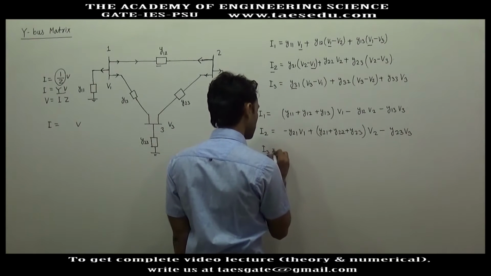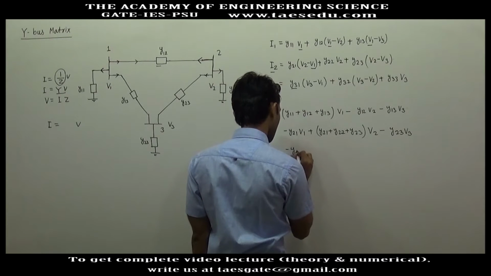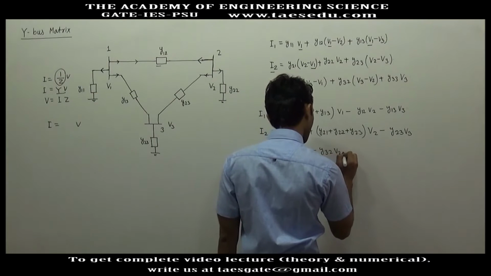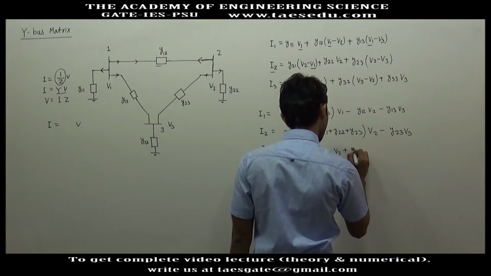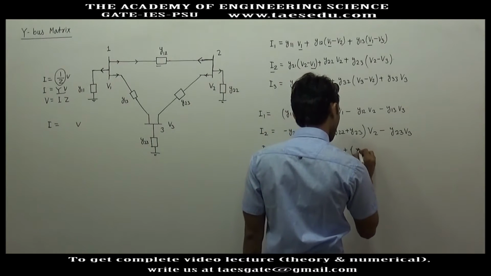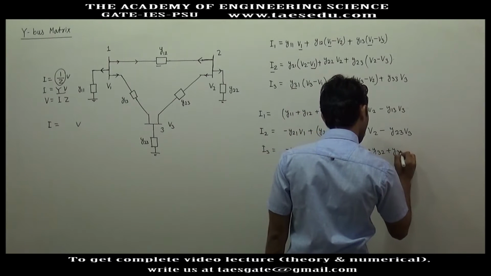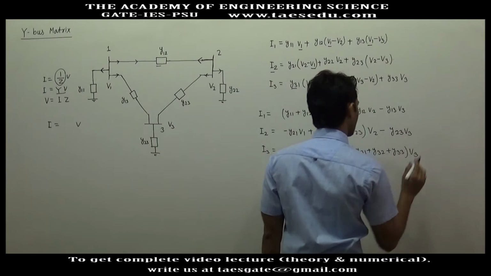And I3 will be minus Y31 into V1, minus Y32 into V2, plus Y31 plus Y32 plus Y33 into V3.